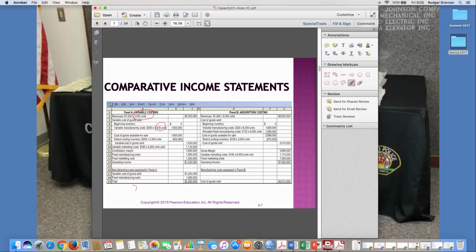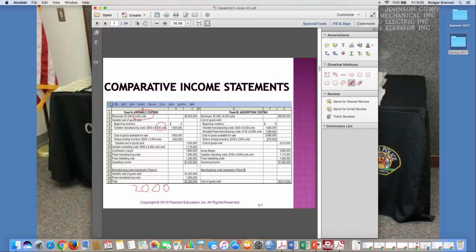Therefore, they end up with an ending inventory of 2,000 units. Okay? So anytime inventory changes from the beginning to the end of the year, you will get differences in the operating incomes. Sometimes absorption will be greater, sometimes it will be less. Okay? Now, revenues are revenues. It doesn't make any difference what method you choose.